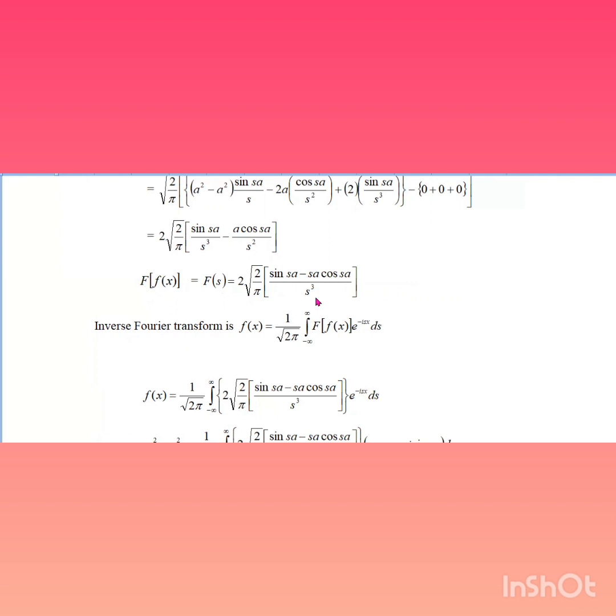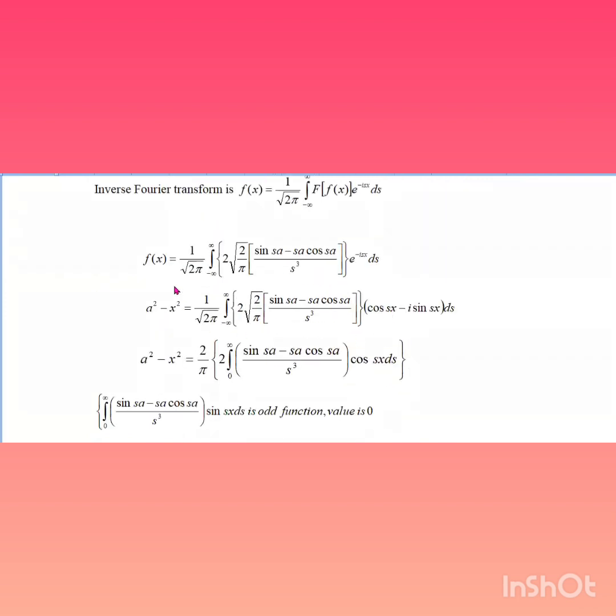So we have derived it. Next, the inverse Fourier transform: small f of x is equal to 1 divided by root 2 pi, integral over the limit minus infinity to plus infinity, F of x into e power minus isx into ds.